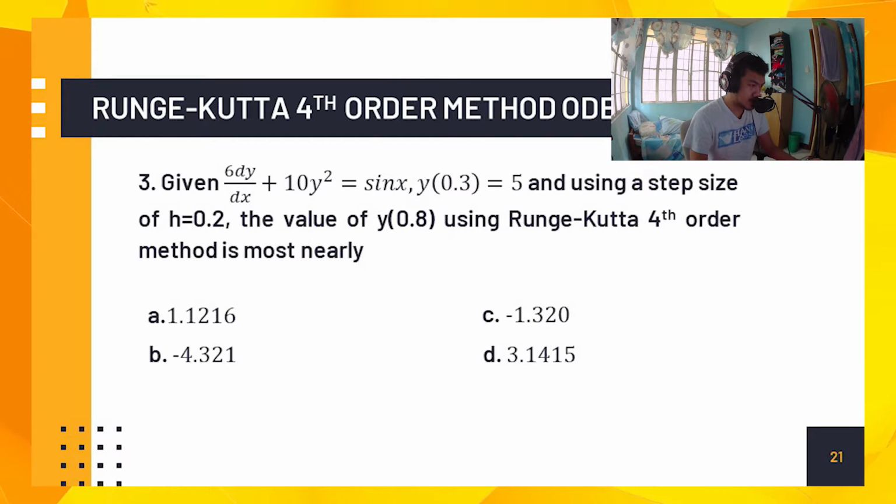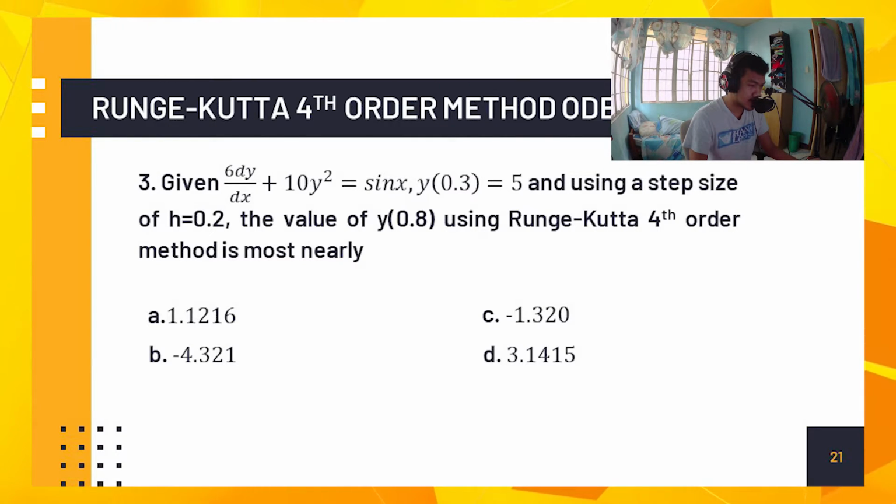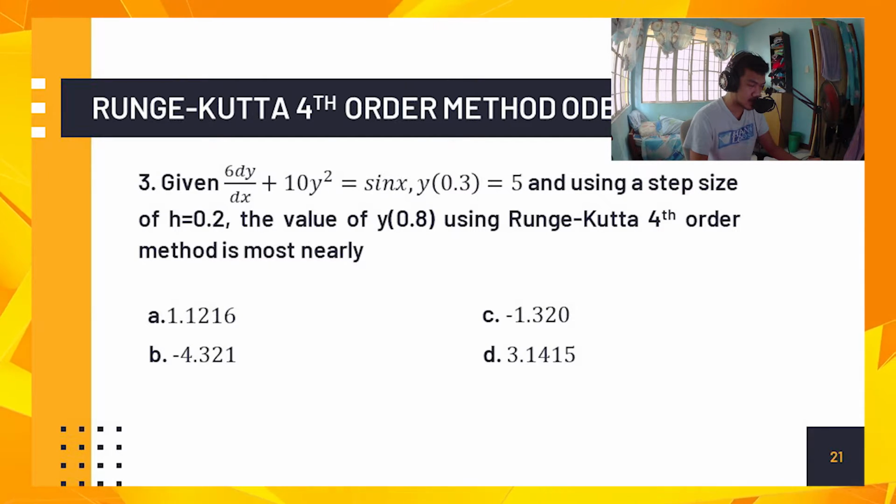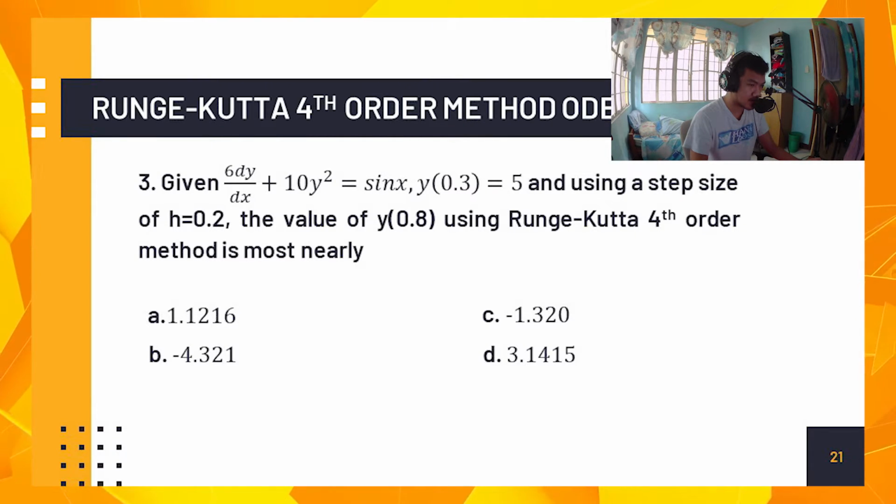For the third question for the Runge-Kutta fourth order method ODE, given 6 dy over dx plus 10 y squared is equal to sine x, y of 0.3 is equal to 5, and using a step size of h equal to 0.2, the value of y at 0.8 using Runge-Kutta fourth order method is most nearly.